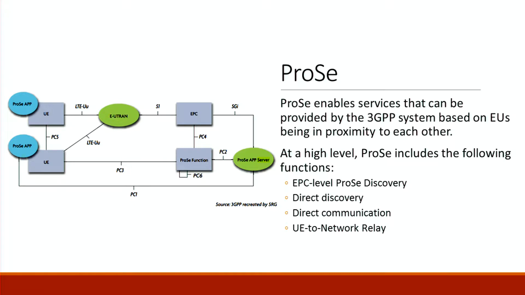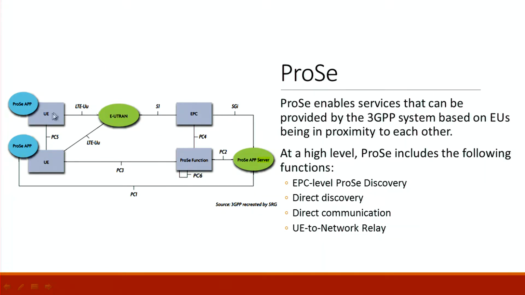It's actually going to be in an independent area, not under an operator control, because this may be, for example, a server that is managed by an association of automobile manufacturers who are managing these collision avoidance algorithms. So you have this ProSe app talking to the ProSe app server.